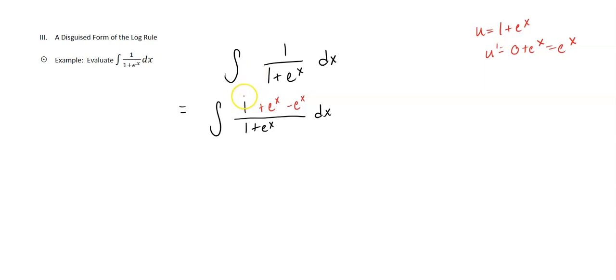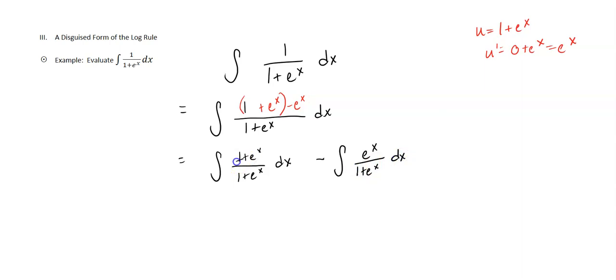Now the trick here is that I'm going to group it like this. I'm going to say 1 plus e to the x for the first integral, and then we're going to split it at that minus sign. So what I'll end up with is the integral of 1 plus e to the x over 1 plus e to the x dx minus the integral of e to the x over 1 plus e to the x dx.